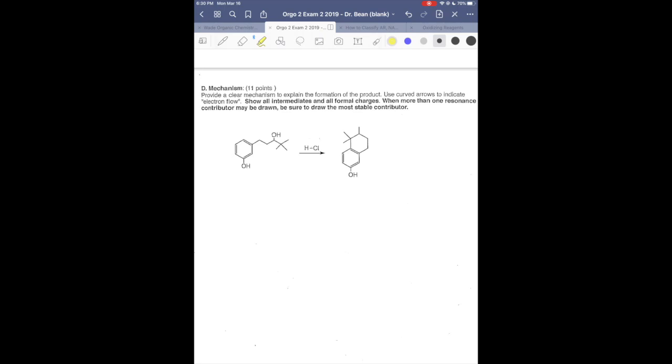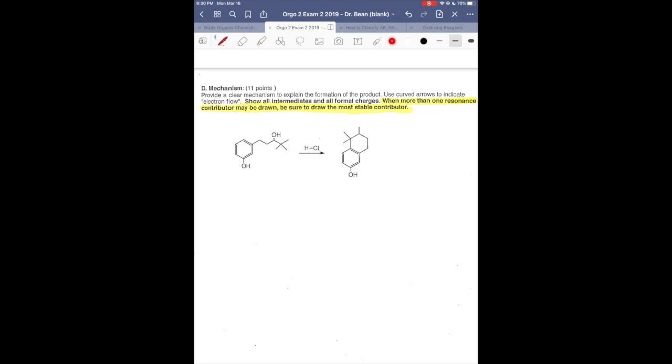So you'll see a little difference in the instructions from how it used to be for the first exam as well as in Orca 1, in that there's now the addition of this part that says when more than one can be drawn, you need to show the most stable one.